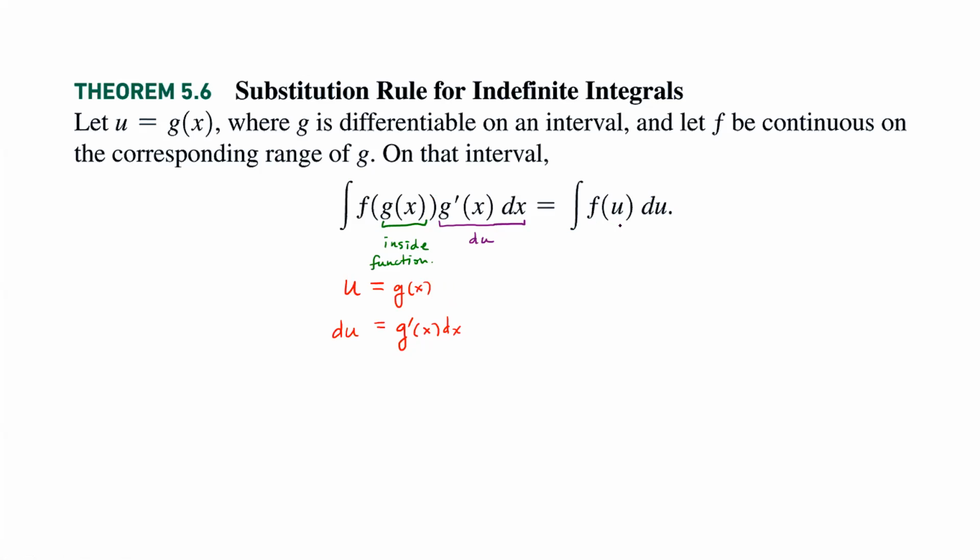Okay, so that's how it transforms it into the integral of f of u du. So our goal is to get something here. Now maybe it's easier to find the antiderivative with respect to this variable. It looks more complicated on this side, so simplifying it like this, maybe it's easier to find the antiderivative.